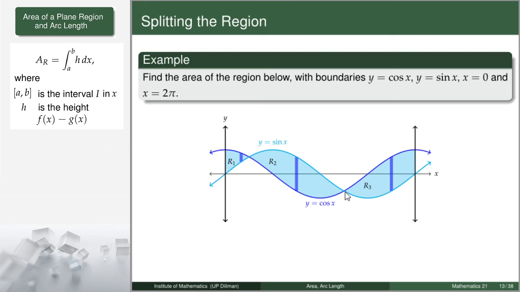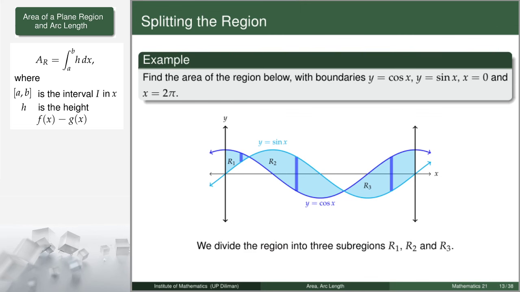So what this means is that I need to find out the value of x where this switch happened. And just like in the previous example, you will observe that it is the points of intersection where it switched. So I need to find out what the points of intersection of y equal to sine x and y equal to cosine x are.